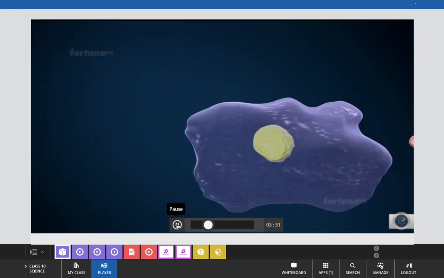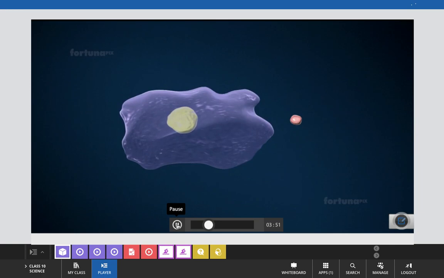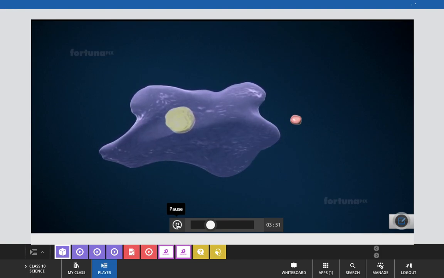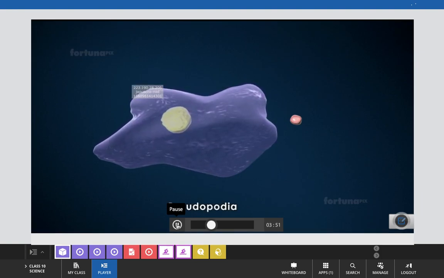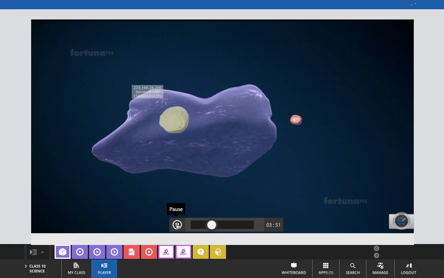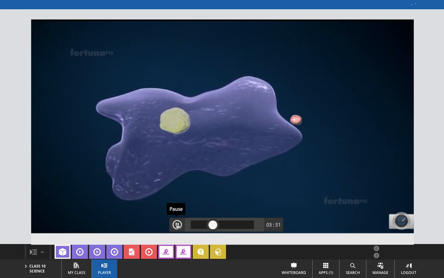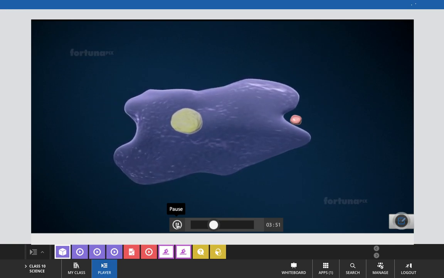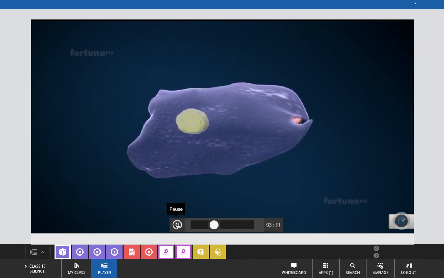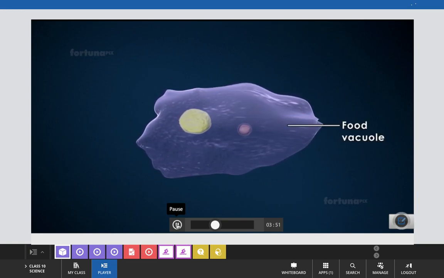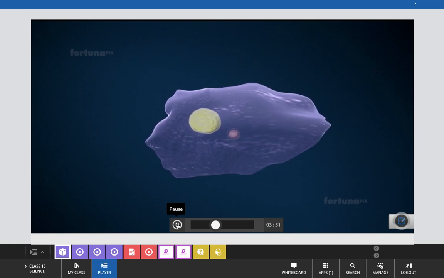Let's look at holozoic nutrition in an amoeba, a one-celled organism that is able to change its shape. With the help of its false feet, known as pseudopodia, an amoeba will move towards a food source such as bacteria. When it reaches the food particle, it will stretch its pseudopodia around the food. Once the food is inside the amoeba, a food vacuole will form around it.